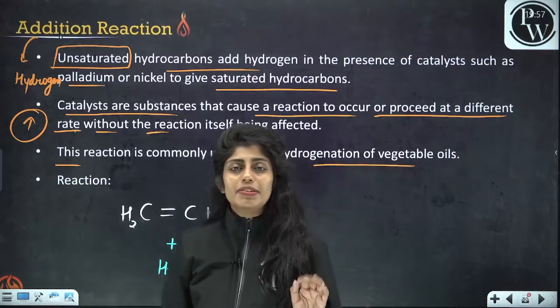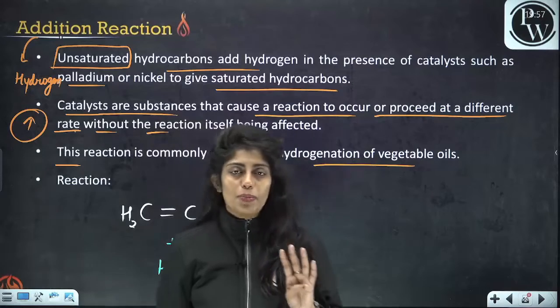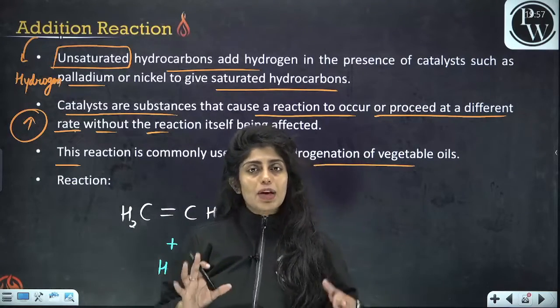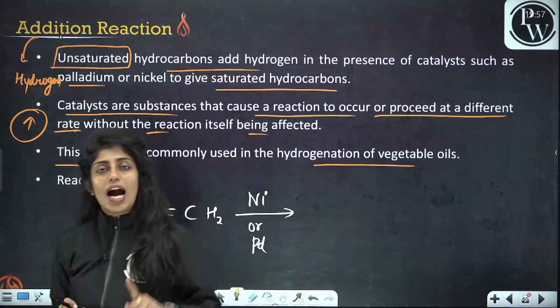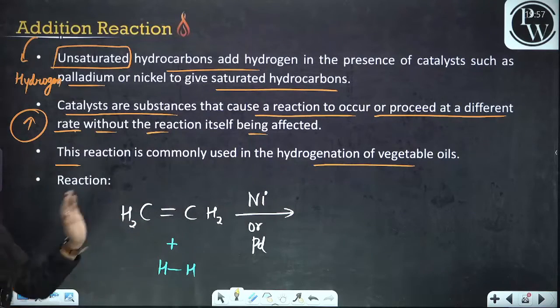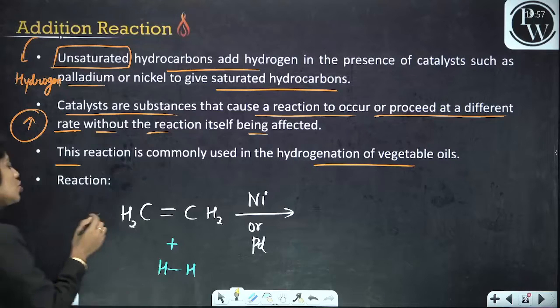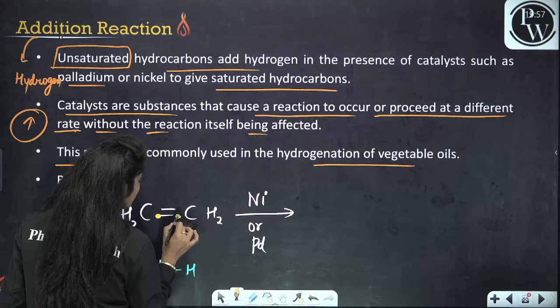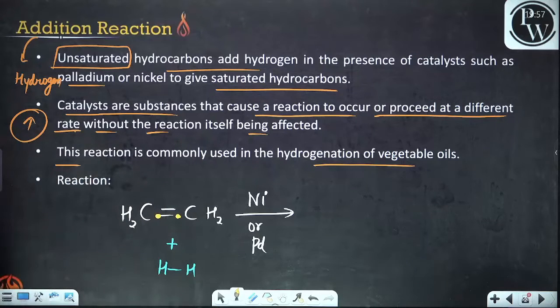What will happen? Carbon can only form 4 bonds. In order to add these hydrogens, carbon has to break the former bond between carbon and carbon. So, suppose this bond is broken. 1 electron here, 1 electron here. Check the electrons only.